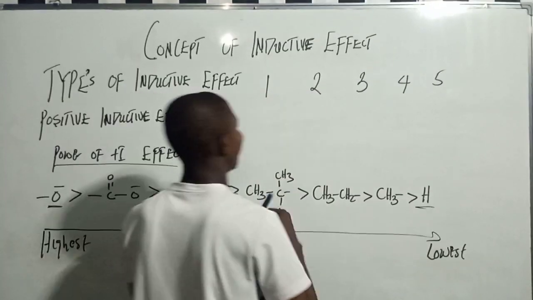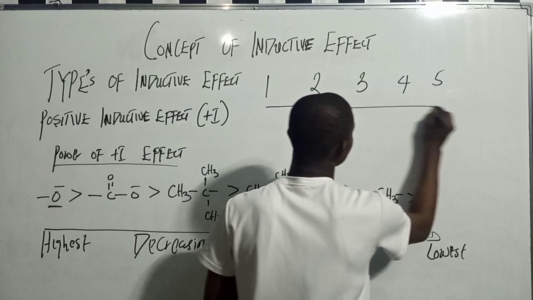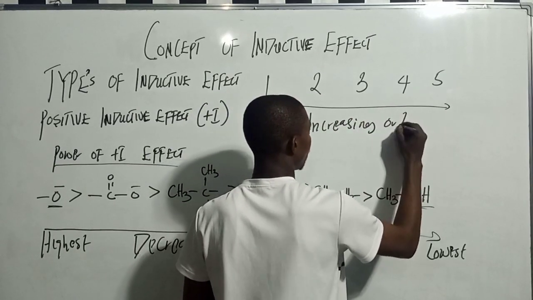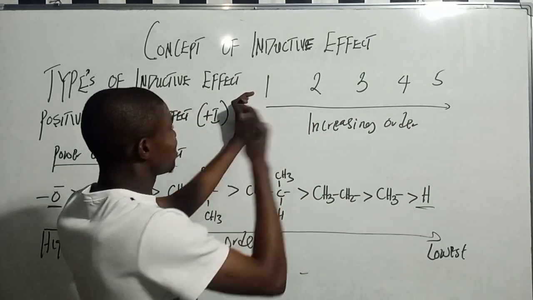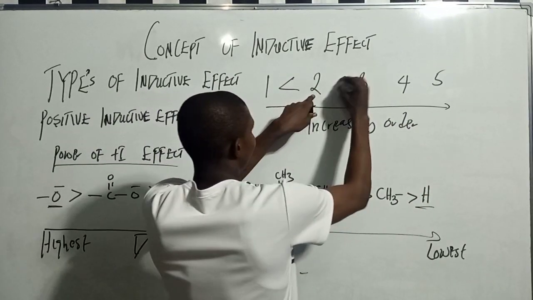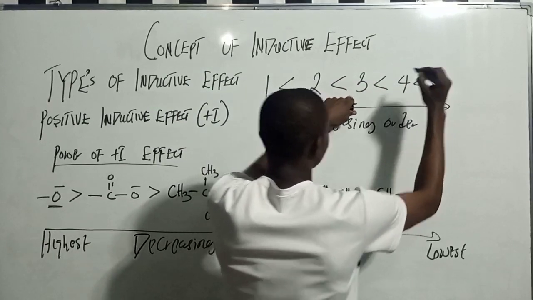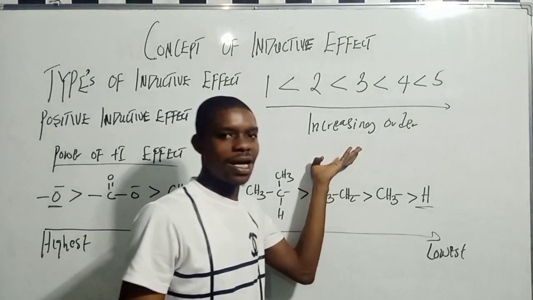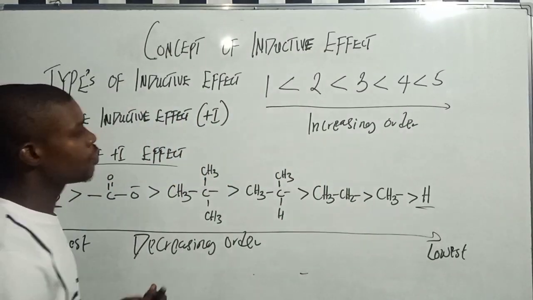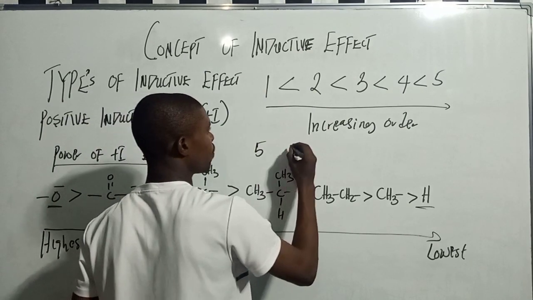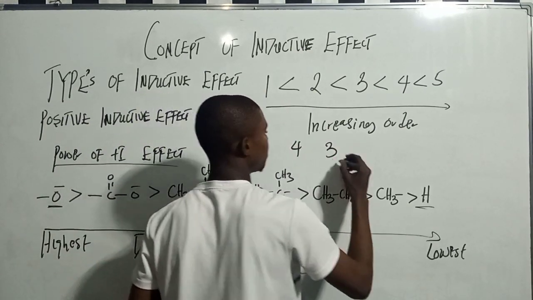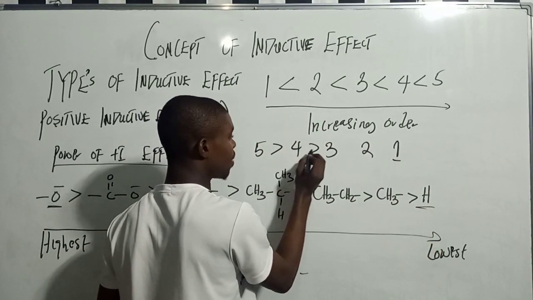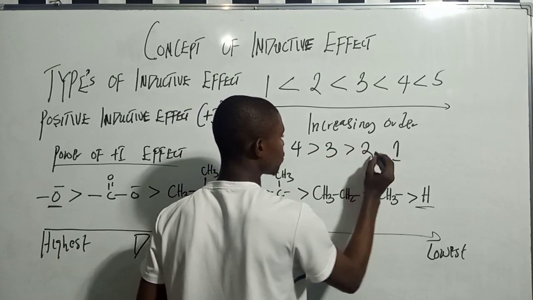From here to here is increasing order. In saying that, 1 is less than 2, 2 is less than 3, 3 is less than 4, 4 is less than 5. Hope you understand. So it's called increasing order. But when you look at 5, 4, 3, 2, 1: 5 is greater than 4, 4 is greater than 3, 3 is greater than 2, 2 is greater than 1.